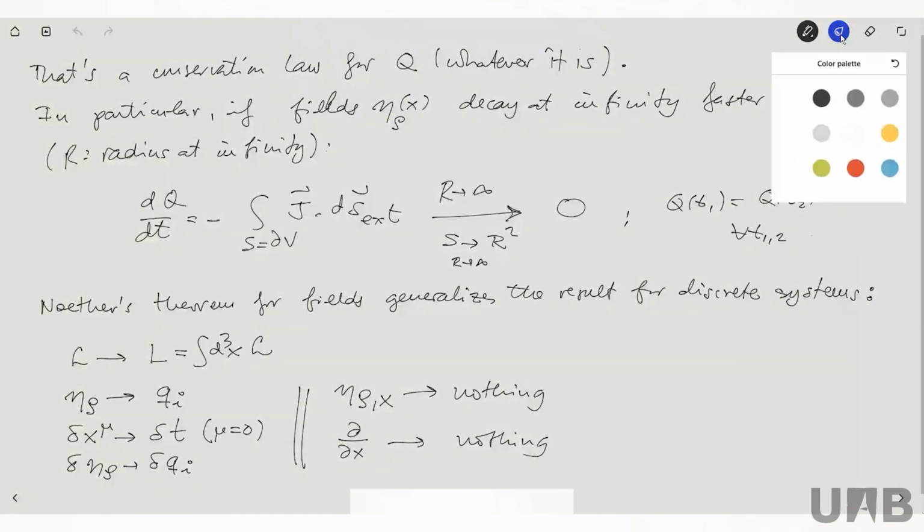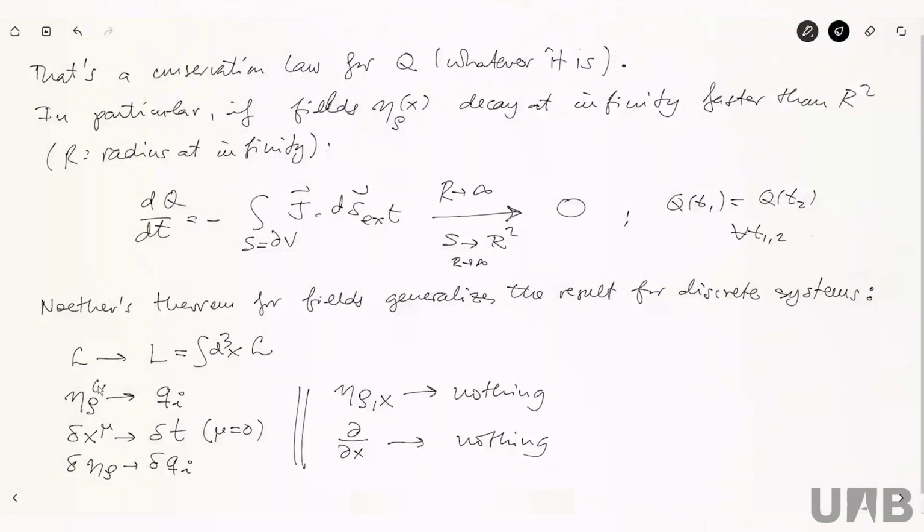The dependence on x becomes the label I, and the only thing that remains in q is the time dependence. There is no x dependence in q, so x entirely goes to time, and any derivative with respect to x has no counterpart in the discrete system, because there is no derivative with respect to the index I.